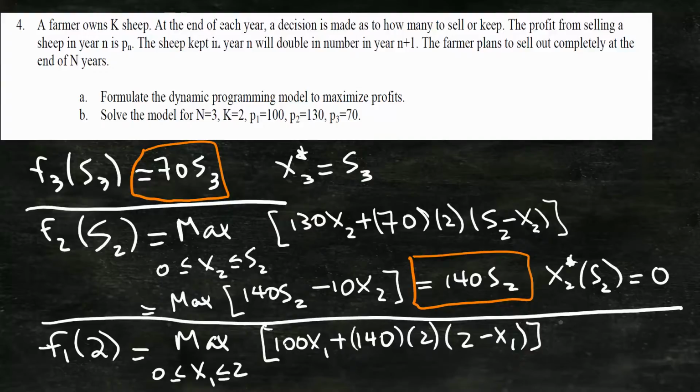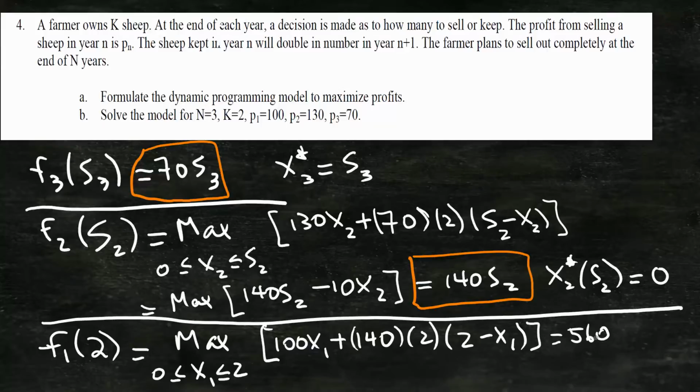Again, if we look at this expression, we'll see that we have 100 x1 minus 280 x1, so we'll have a negative in front of the x1. So we will just want to make this amount, which is 280 times 2, which is 560.